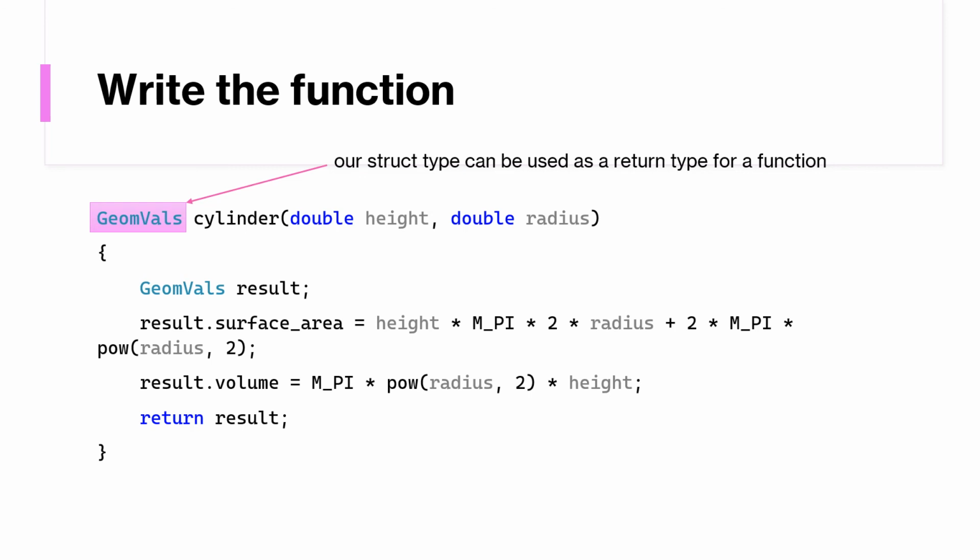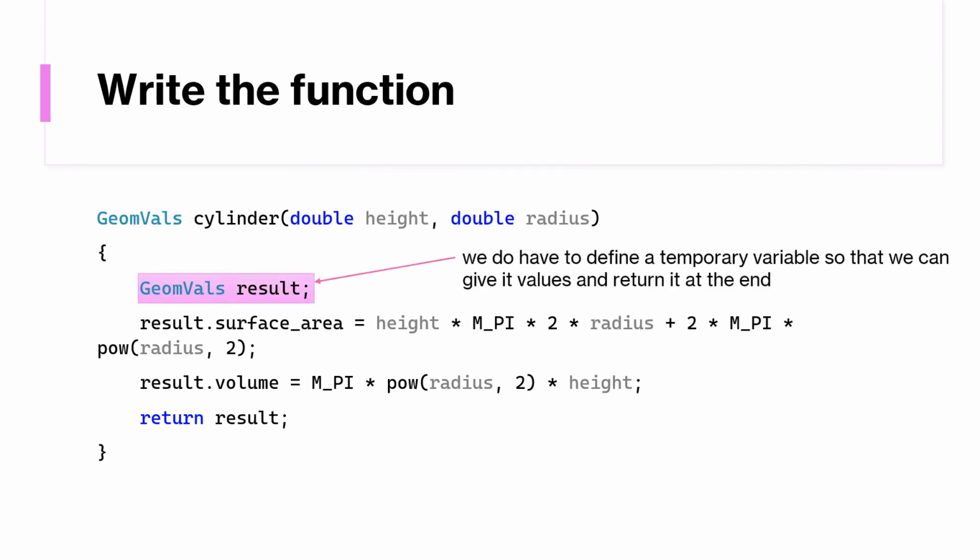So again, anywhere you would use a type like double or int, you can drop in your struct type. Note also that we do have to define a temporary variable inside the function so that we can give it values, result.surfaceArea, result.volume, and then we can return our temporary result at the end.